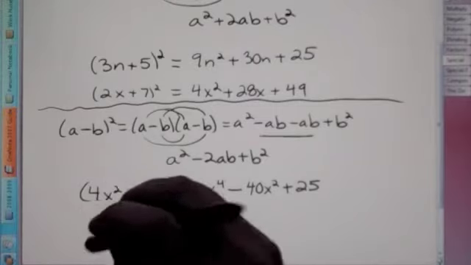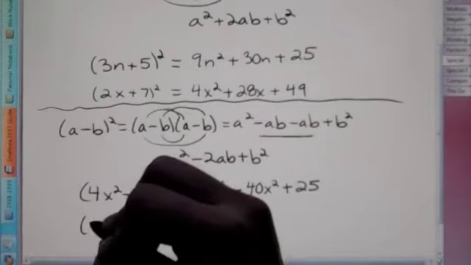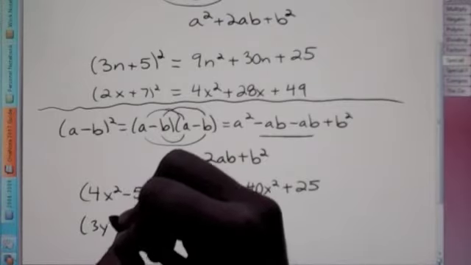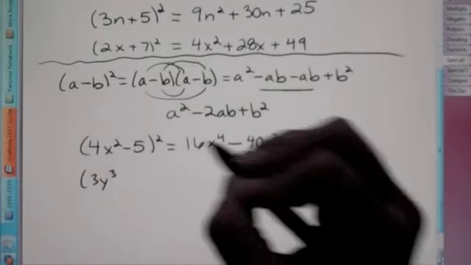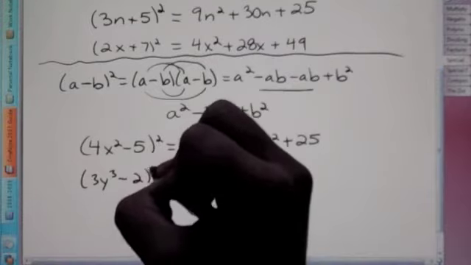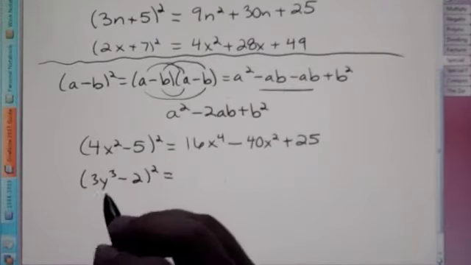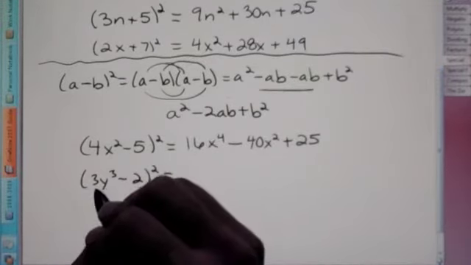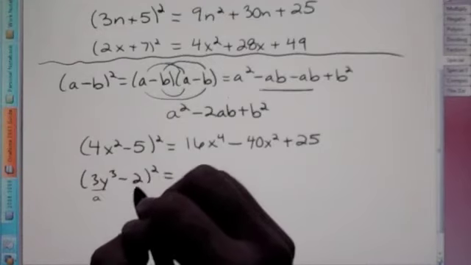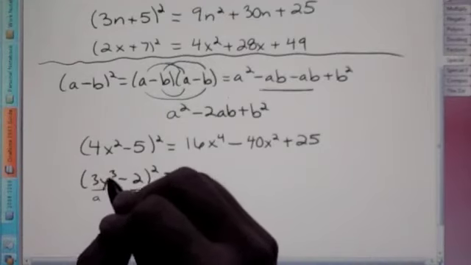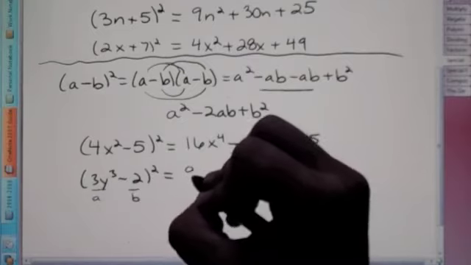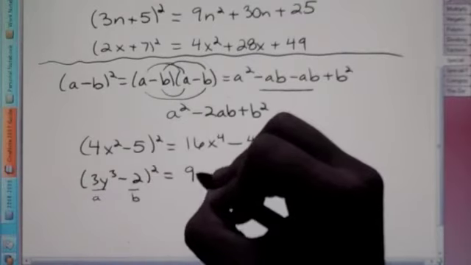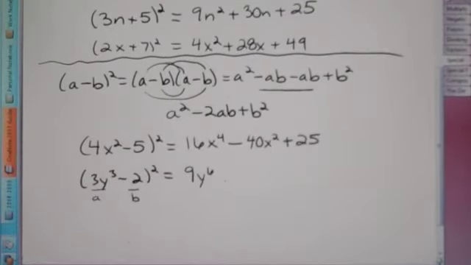So let's do one more of those. If I were to give you (3y to the third minus 2) squared. Again, we're going to square it. So this is in the position of a. This is in the position of b. So 3 squared is 9. Y cubed squared becomes y to the 6th.